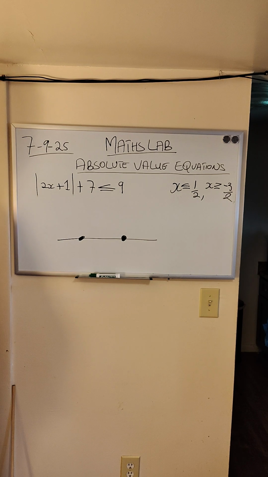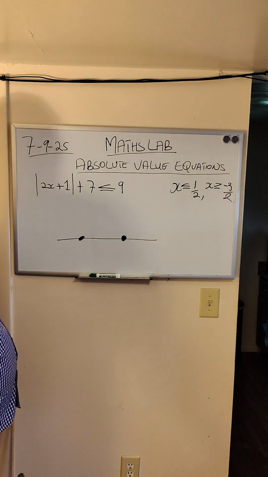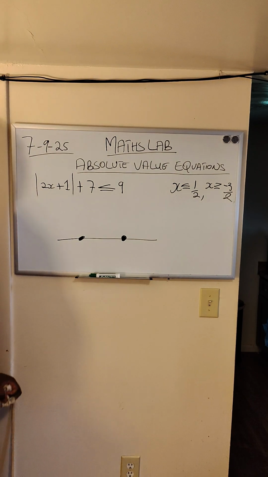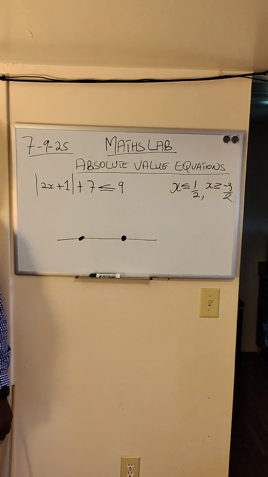Now we're going to see which part is going to be shaded. Since it's less than or equal to, we're going to have one line run the opposite way.